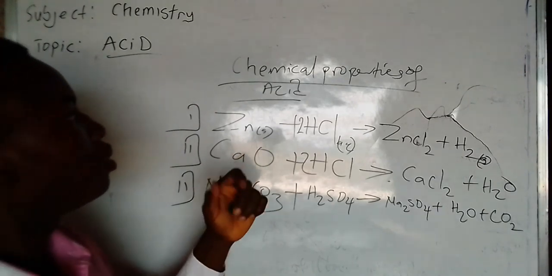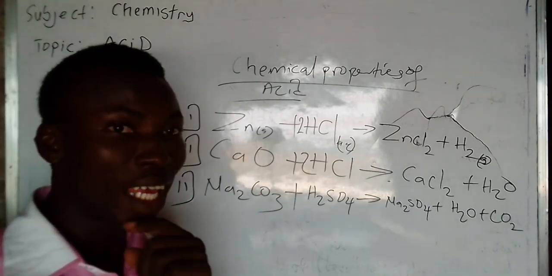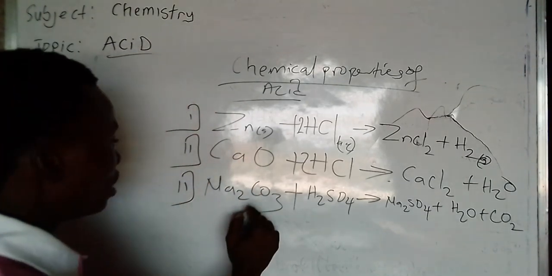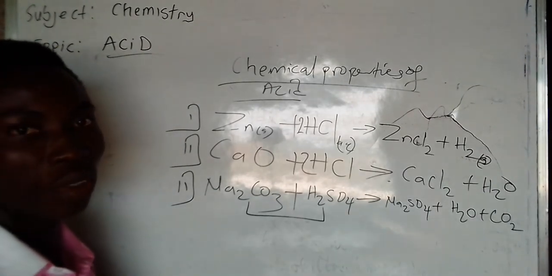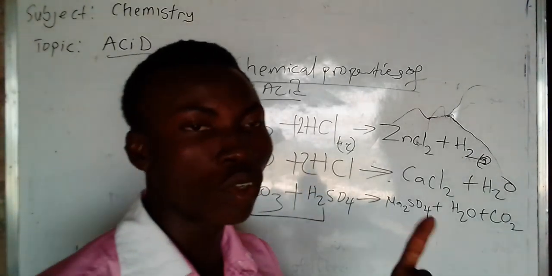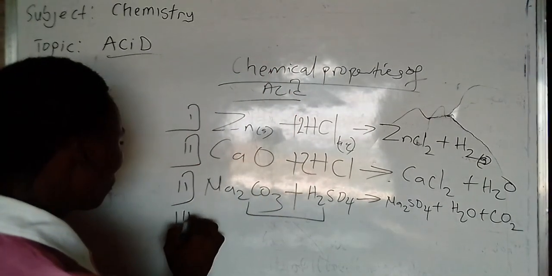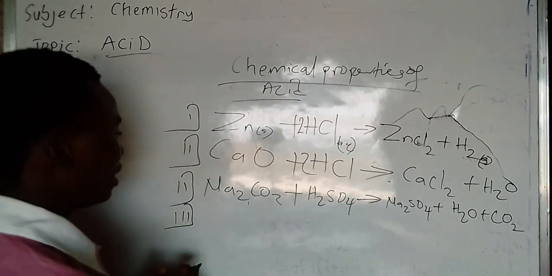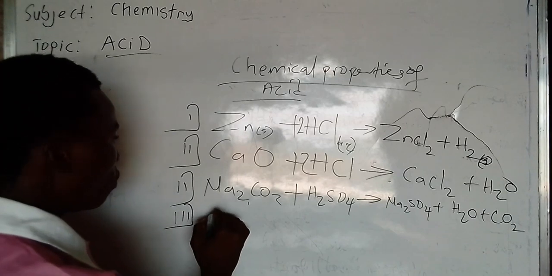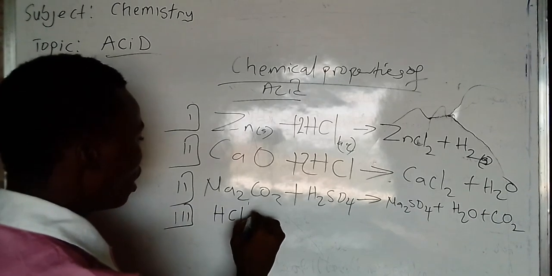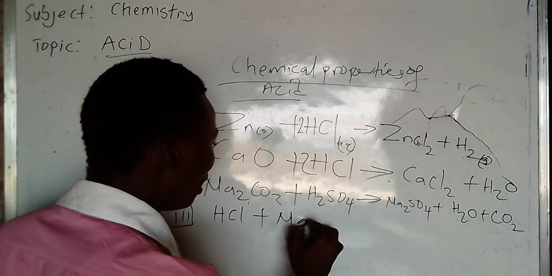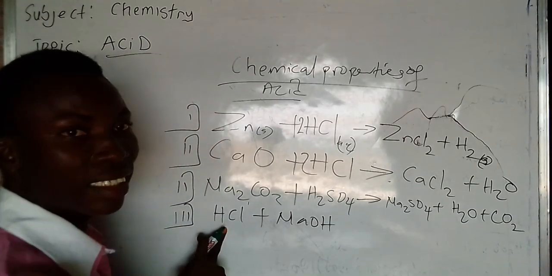Now, since we have looked at the chemical properties, the last one that we have there is the neutralization reaction. The reaction that we have here is a neutralization reaction, and it is another chemical property of acid. For instance, we have the reaction between HCl plus NaOH. This is acid.